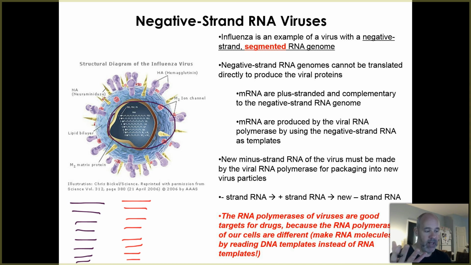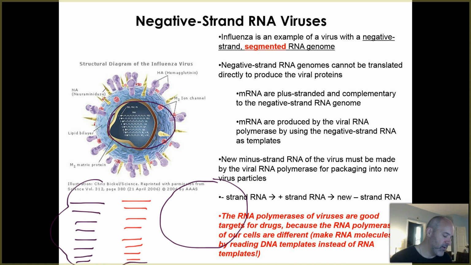So inside a single cell, inside a pig in Mexico, these two types of flu viruses got together and started replicating at the same time. And as you assembled new viruses, you wind up with different combinations of these 8 pieces.